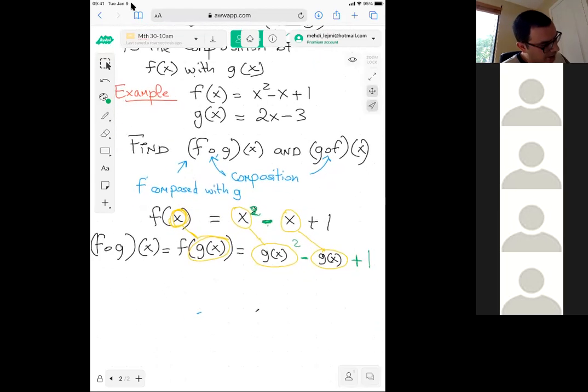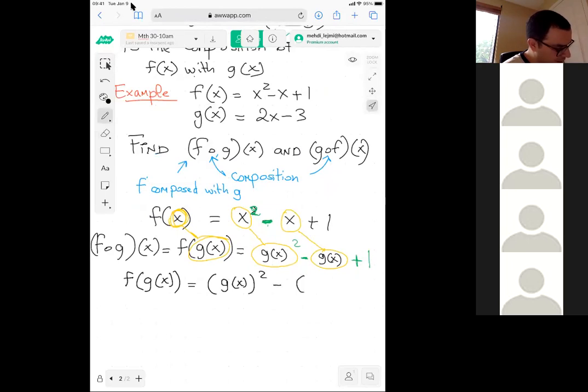So what I'm going to do is compute this thing. Let me write it down here. My f of g of x would be, as I said, you think of the circles as parentheses. So we have this yellow circle around g of x, so there'll be parentheses. That's like parentheses g of x squared minus parentheses g of x plus 1, right?